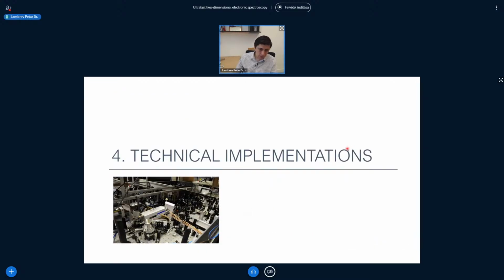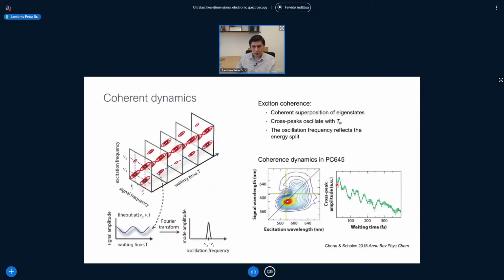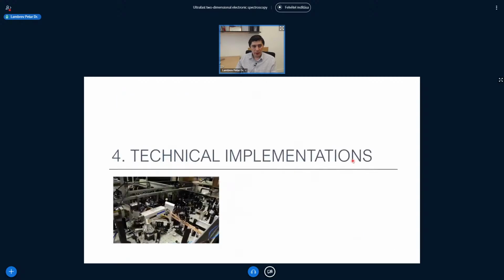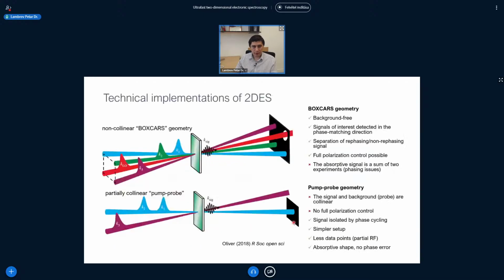Okay, so I hope that you are now familiar with the basics of the method. I would like to just run a little quicker through the technical implementations of two-dimensional spectroscopy.